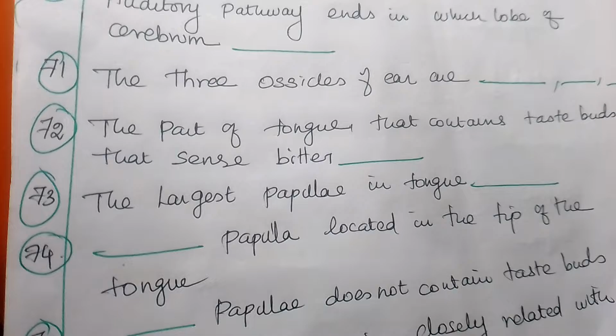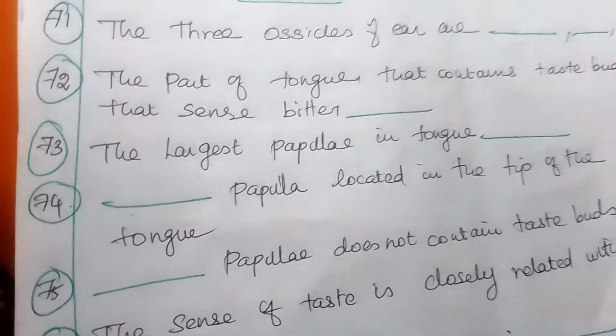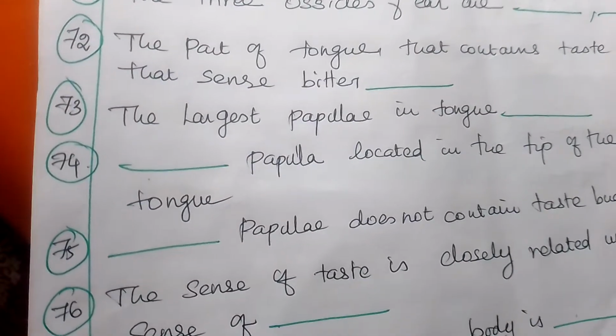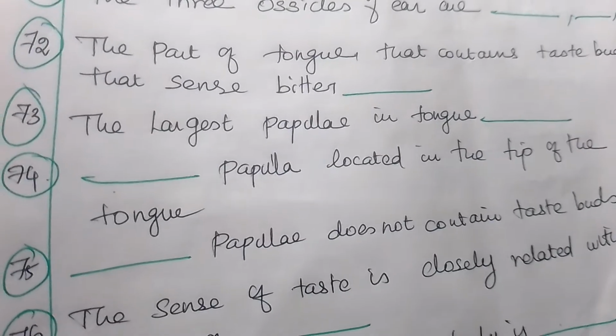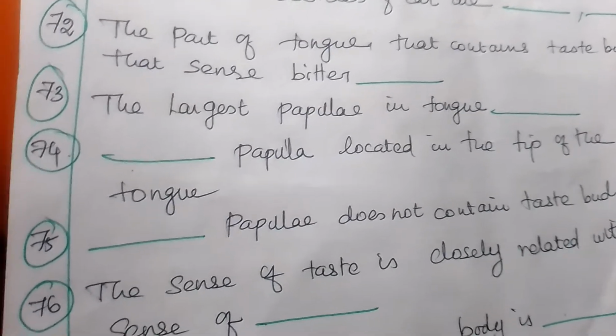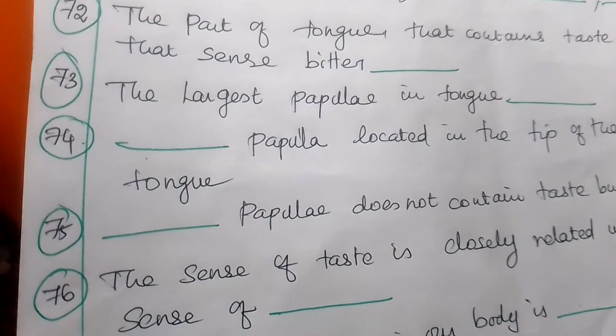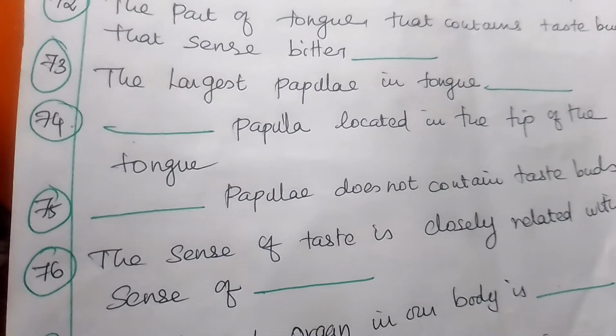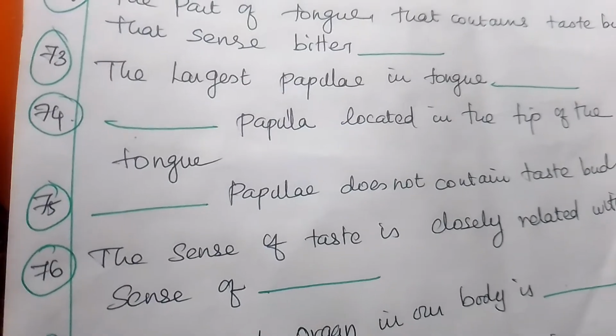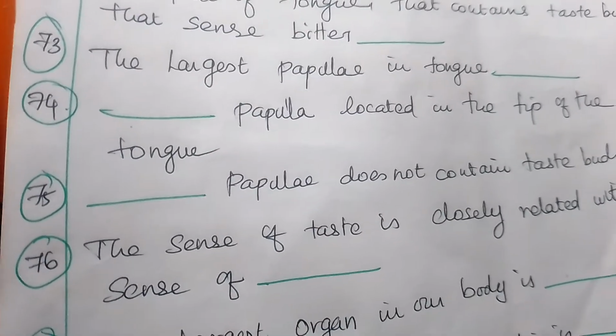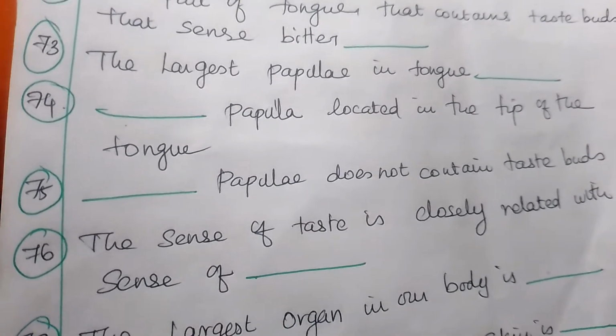The part of the tongue that contains the taste buds for the sense of bitter is the posterior one-third, the posterior part of the tongue. The largest papillae in the tongue are called the circumvallate papillae. They are few in number, maybe 12 to 14 or 10 to 12 only.